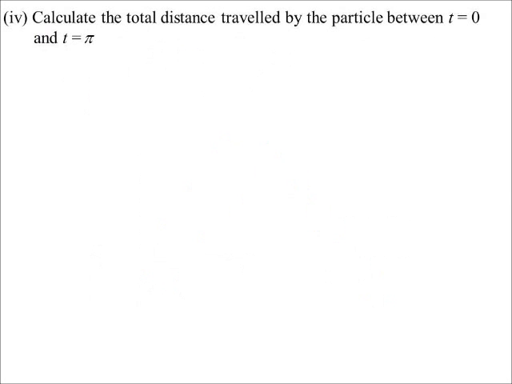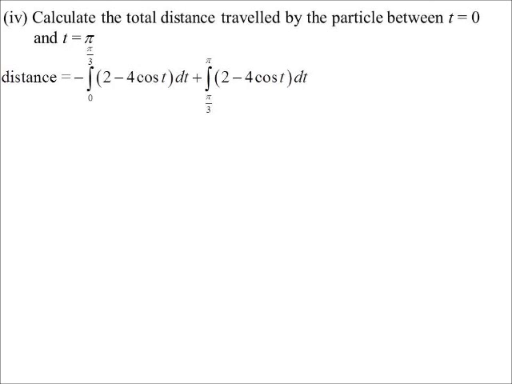Calculate the total distance travelled by the particle between 0 and pi. So it's distance, so I've got to break it up into its areas. It'll be the integral of minus, because that's below the axis, from 0 to pi on 3, plus the area from pi on 3 to pi. The other thing you can do with trig graphs is remember they're symmetrical as well.